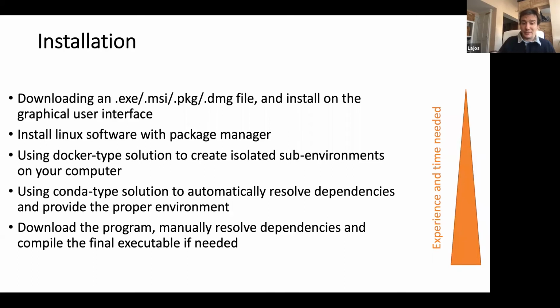And during this compilation, it will check if you have all the required dependencies, all the programs that are needed to run that specific script. And if not, it will not finish the compilation, and you have to provide all these dependencies one by one.